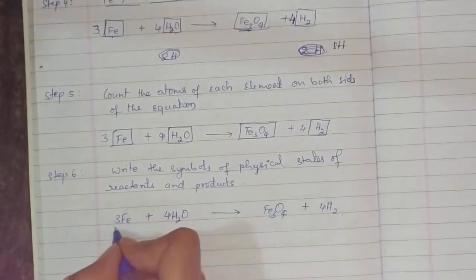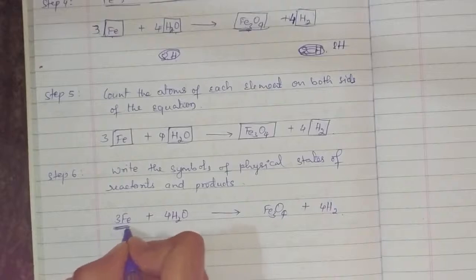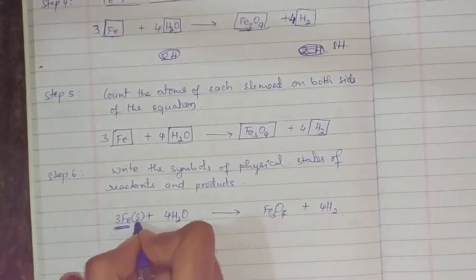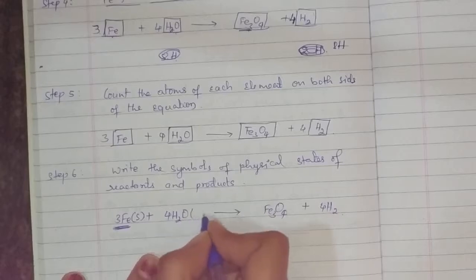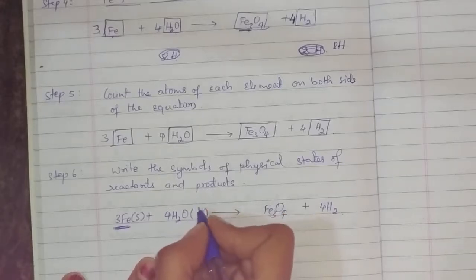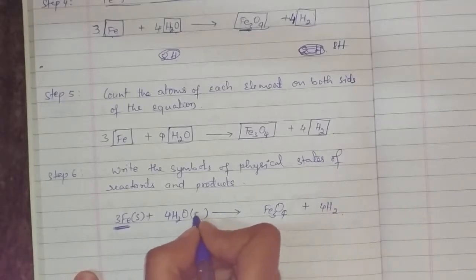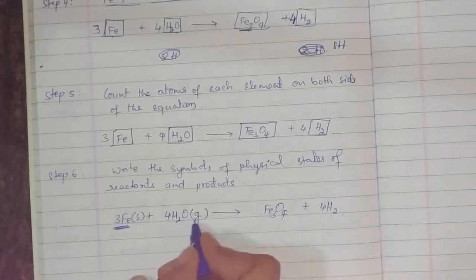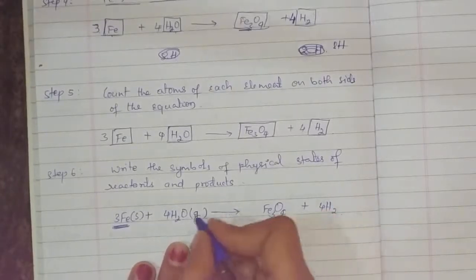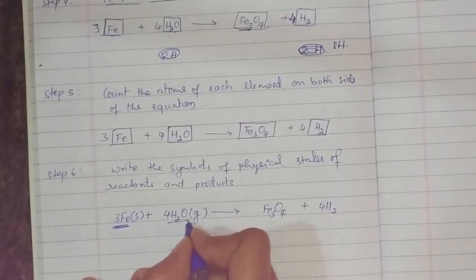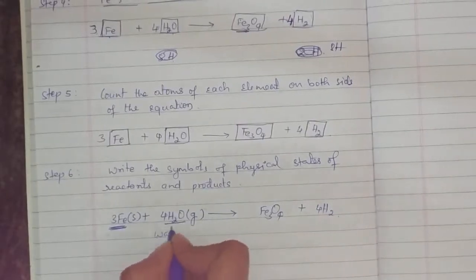Here see, this is iron. Iron is a solid, so inside the bracket we have to write S. This water is liquid, therefore inside the bracket, sorry, not liquid, actually it is water vapor, therefore we have to write G inside the bracket.